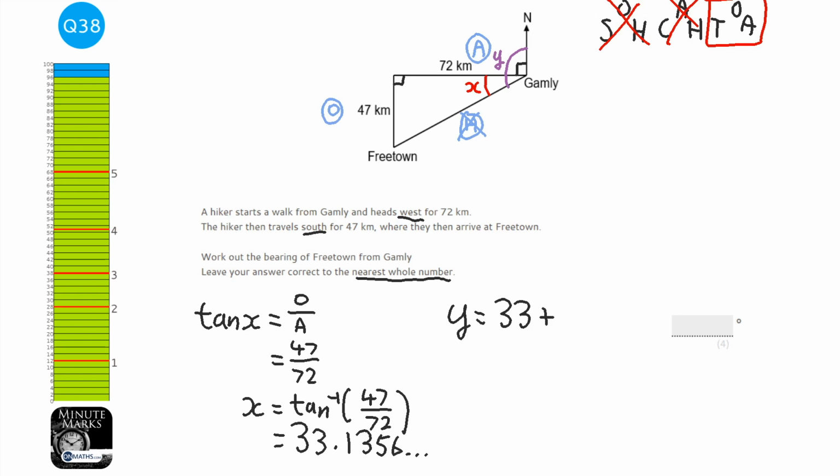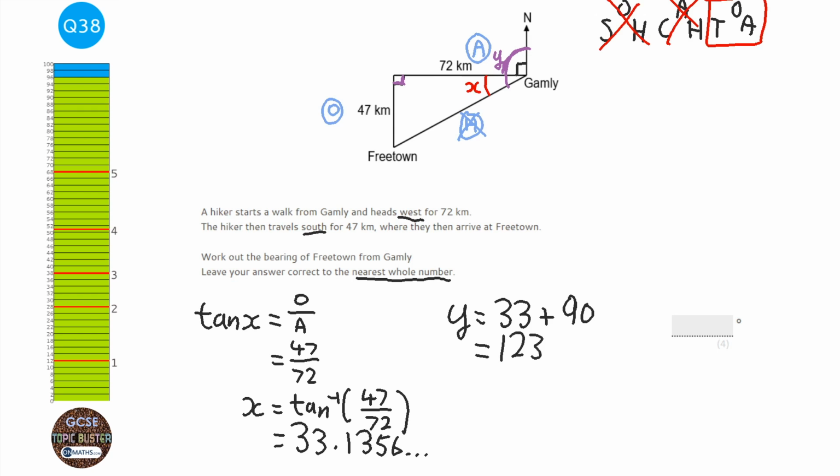So I know that both the angle here and the angle here are going to be right angles, because the angle between all four directions, north, east, south and west, are going to be right angles. So I'm going to add 90, and you can do this in the calculator or you can do it in your head. I'm going to do it on the calculator.